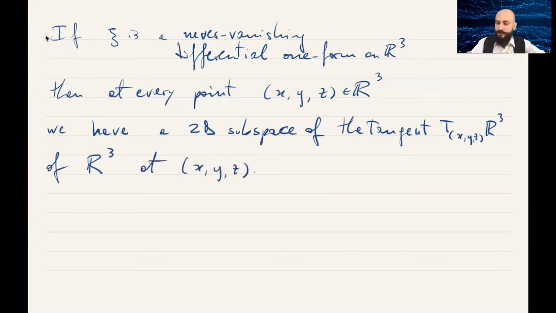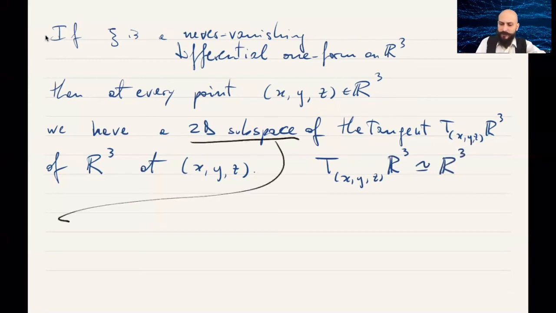Since we are in a vector space, the tangent space of the vector space is canonically isomorphic to the vector space itself. Now, what is this two-dimensional subspace? Let's call it delta at x, y, z. This is a subspace defined as the kernel of xi at the point x, y, z.